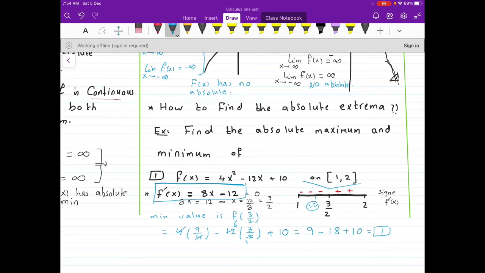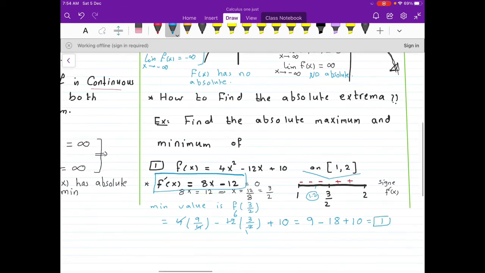So the minimum value for the function is 1. And the minimum value occurs at which point? At the point (3 over 2, 1).